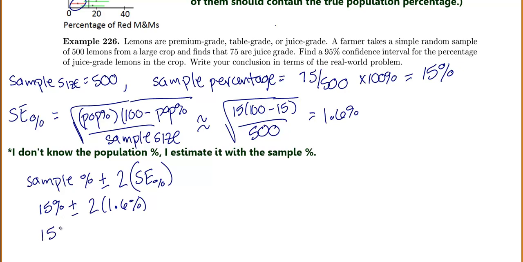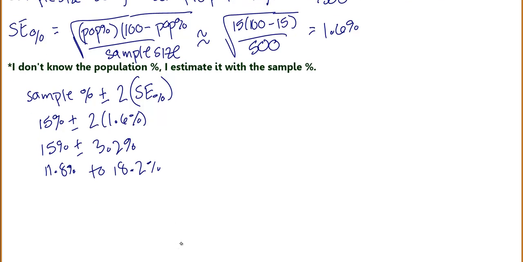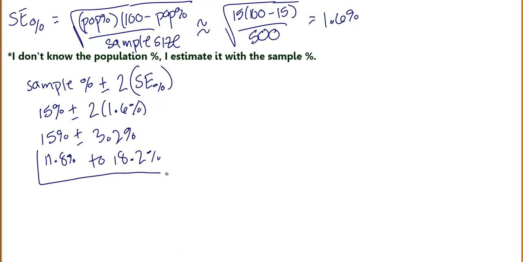So we're 15% plus or minus 3.2%. If I do the minus first, I get 11.8%. And then if I add it, 15 plus 3.2, I get 18.2%. That is my 95% confidence interval.